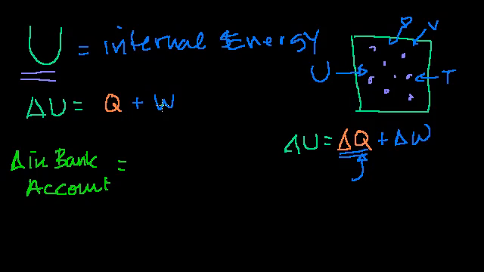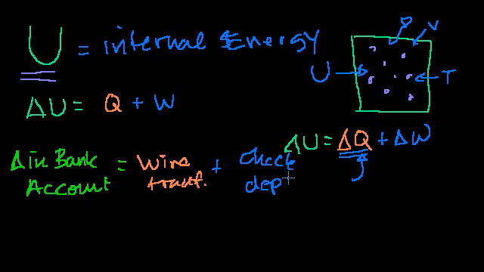And heat and work are really just deposits or withdrawals into our energy bank account. Heat is one kind. Maybe heat is like a wire transfer. So you could say wire transfers to your account, plus, I don't know, plus check deposits.